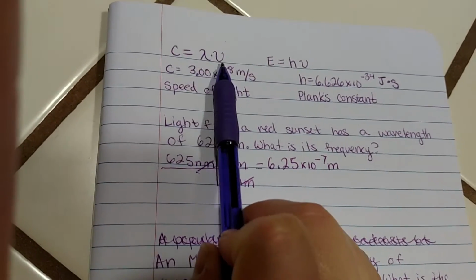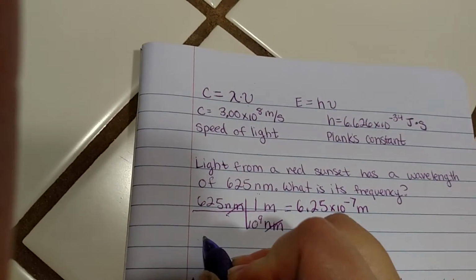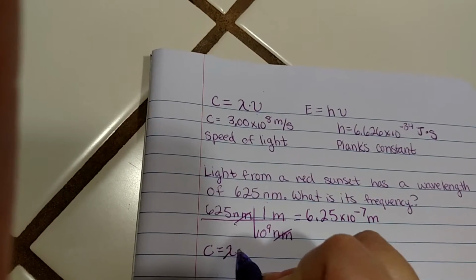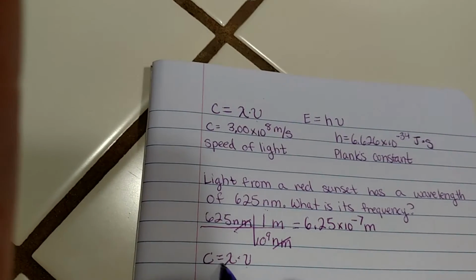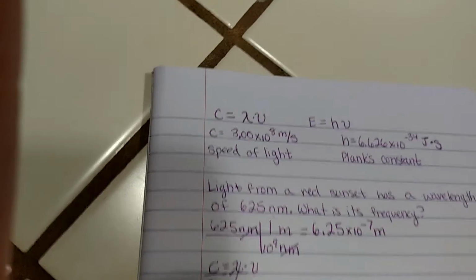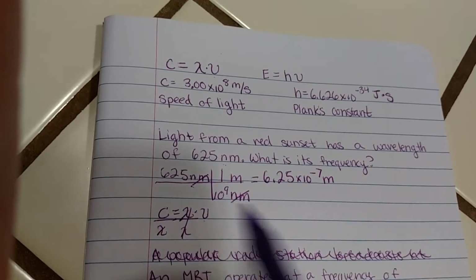Now we want to plug this into our equation. This is our wavelength, and we're going to solve for the frequency. So we have c equals lambda times the Greek letter nu, and we want to solve for this. We divide by lambda on both sides, and that cancels. So c over lambda is equal to our frequency.